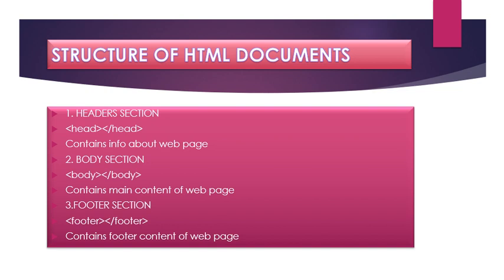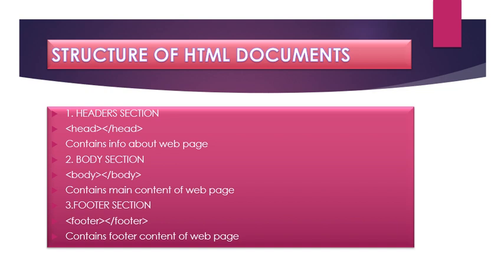Now this is the structure of an HTML document, whereby we have a header section, body section, and footer section. In the header section, we have the opening and closing tag with head in the middle, which contains information about the web page.